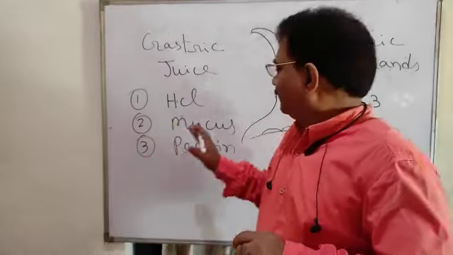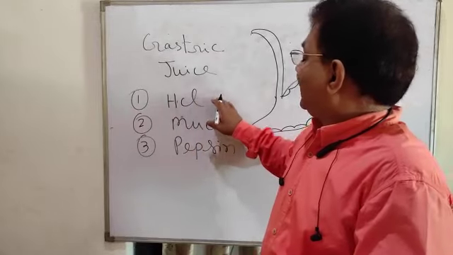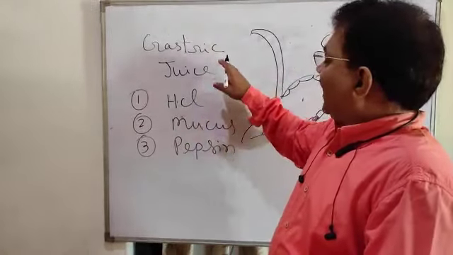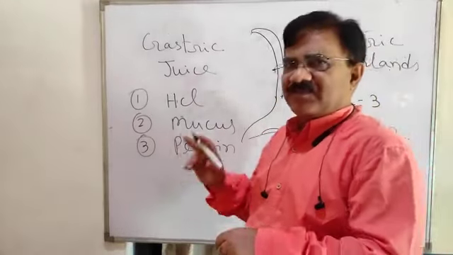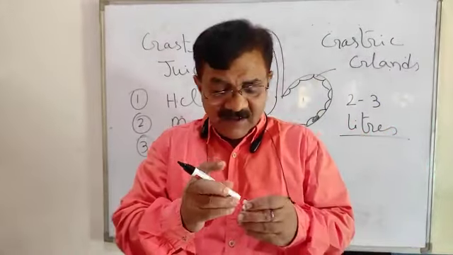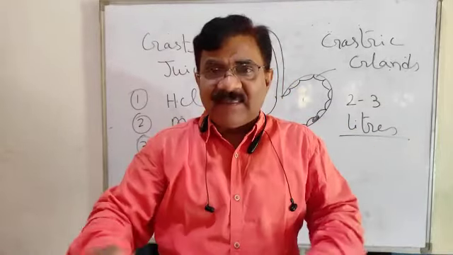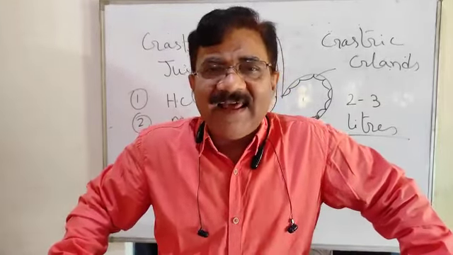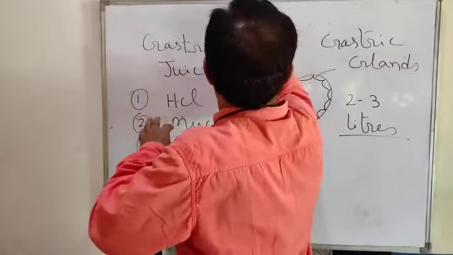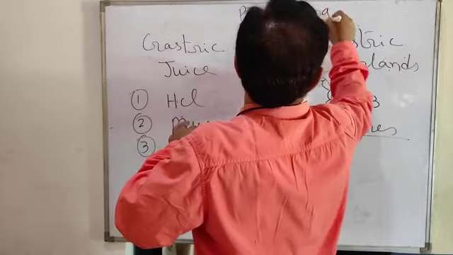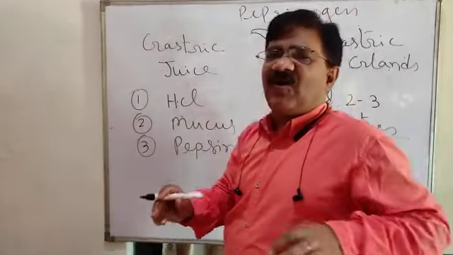So, dear children, we have understood about HCl, mucus, and the third part, the gastric juice contains pepsin. Actually, pepsin is the active form. In the beginning, it remains as pepsinogen, and pepsinogen is the inactive form.